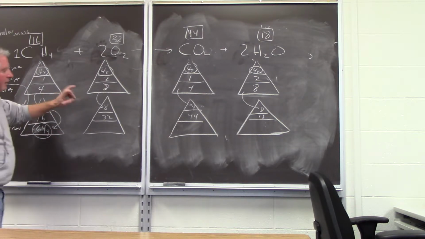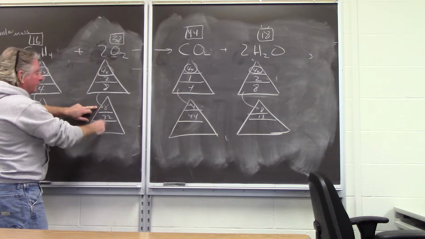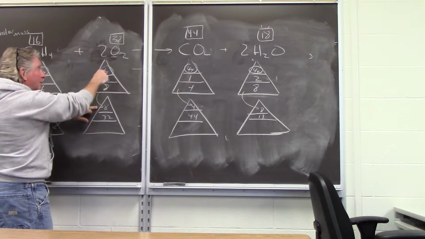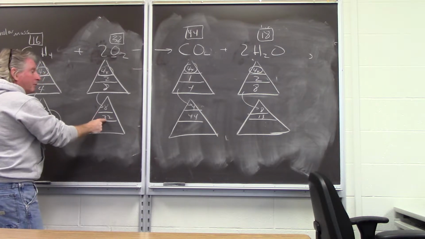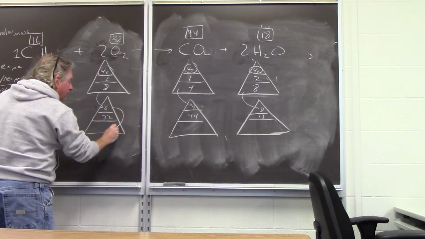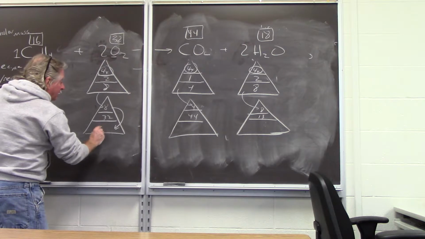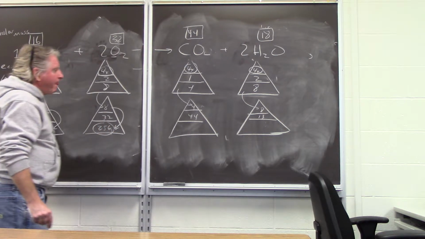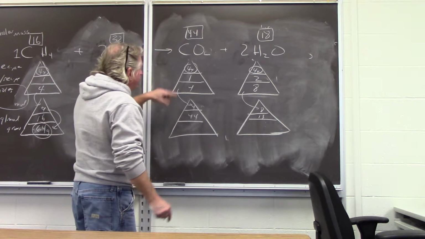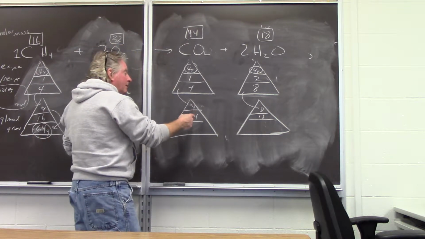For oxygen, you need 8 of them, that's 4 times 2. Each one weighs 32, so you do 32 times 8, and you get 256. For carbon dioxide, each one weighs 44.